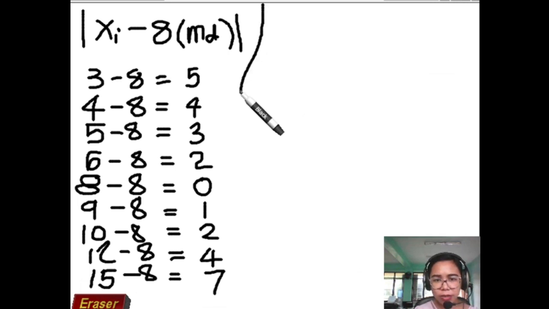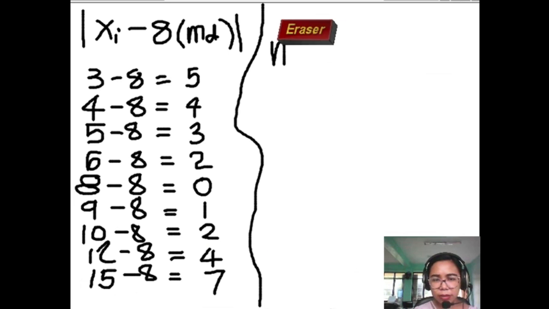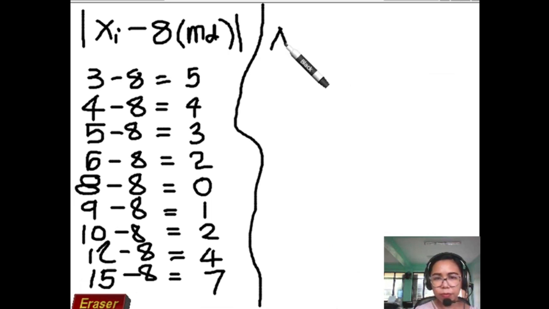Okay, so let's have here another space. Take note that average deviation is equal to, so we will use AD to denote average deviation.